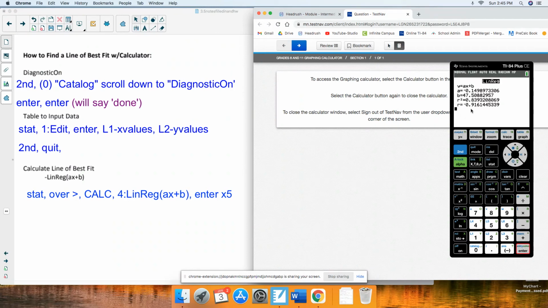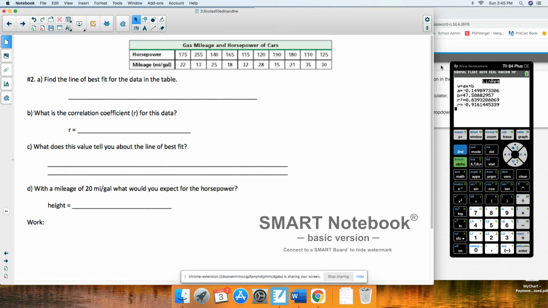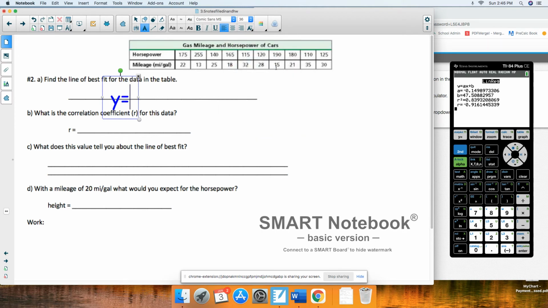And now we get a new equation. Our new equation is still y equals ax plus b, and this time I think I'm going to be smarter and just type it. We're going to do y equals our a value, which is negative 0.14, next to the x plus 47.51.